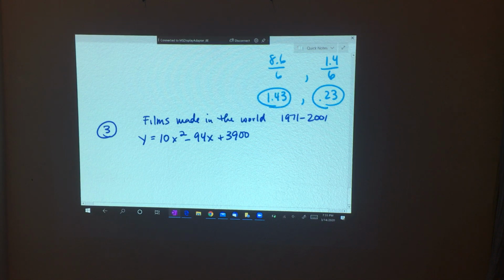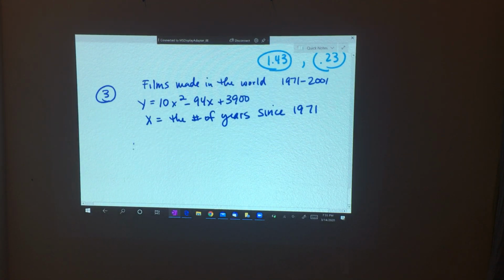The question is, where x equals the number of years since 1971, okay? So the question is, in what year were 4,200 films produced?